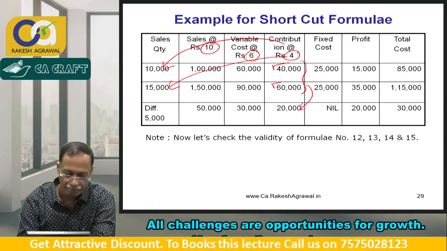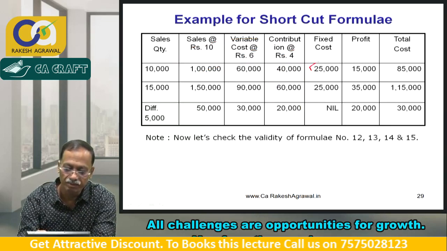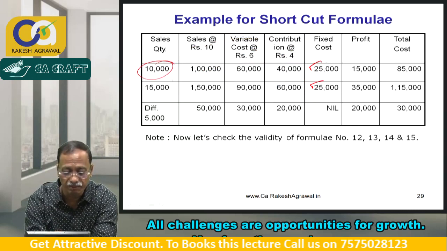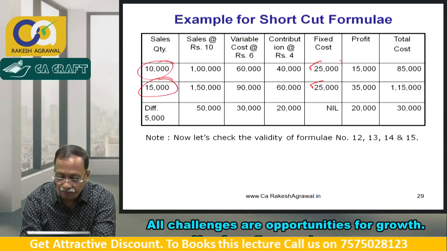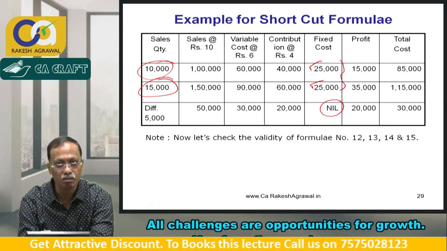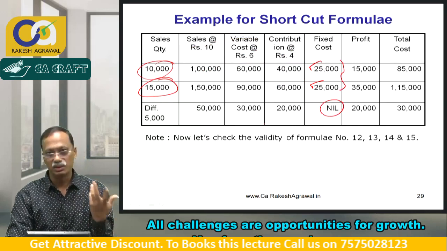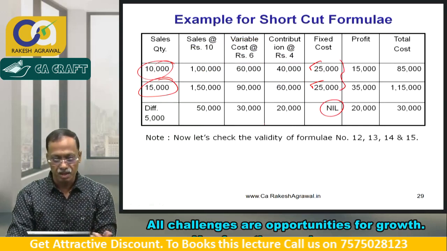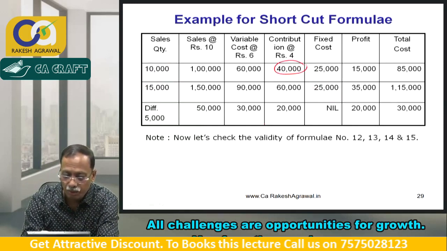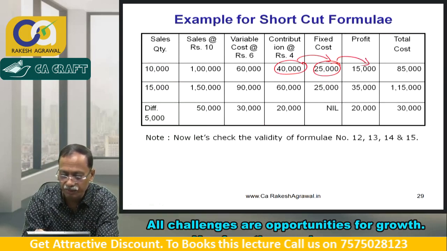Is that okay? Fixed cost I am assuming 25,000, and it will remain the same irrespective of level of activity. So the difference in fixed cost is 0. As fixed cost remains constant, the differential fixed cost is generally 0. Now contribution minus fixed cost is profit, right?